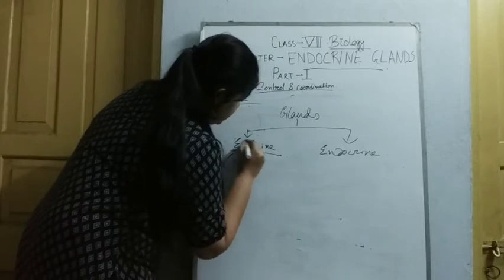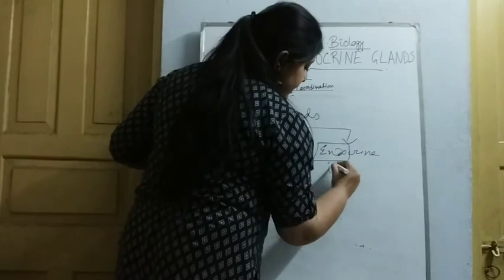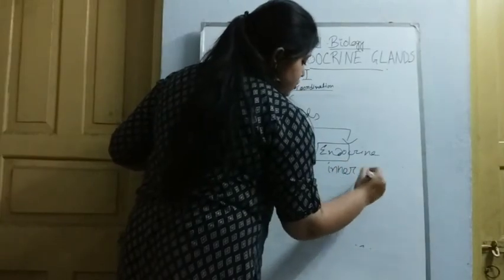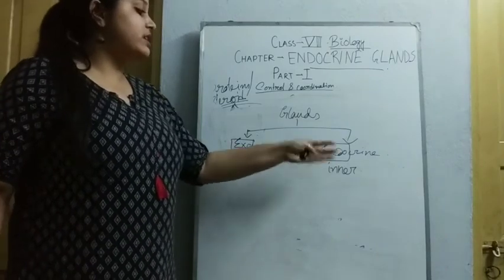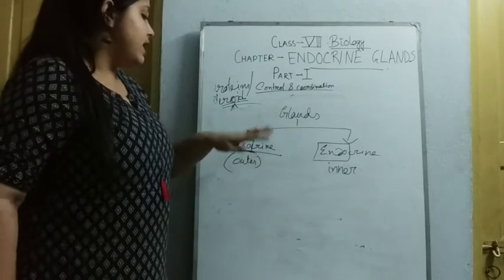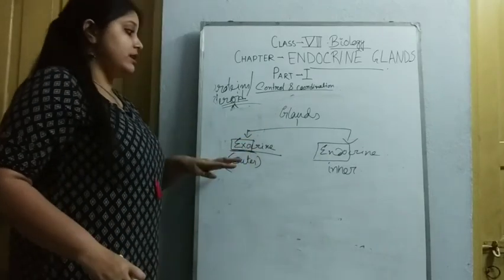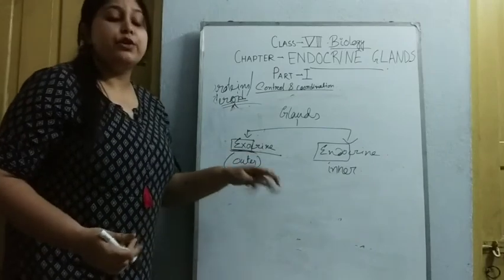Exo means outer and endo means inner. So the glands which secrete within the body are endocrine glands, and the glands which secrete out are called exocrine glands.